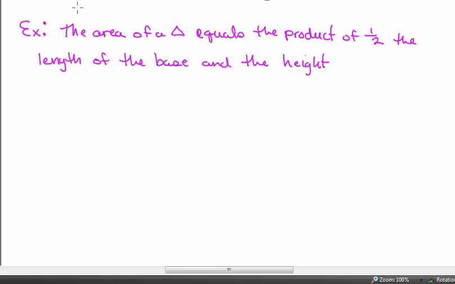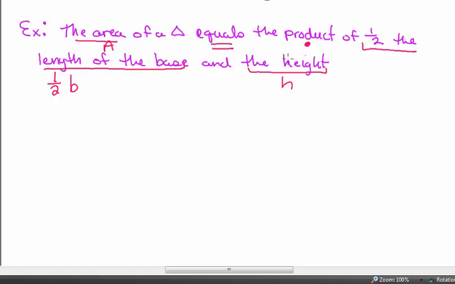All right, so we have area of a triangle equals, well, equals, that's pretty obvious. And area we'll call A. The product, that's multiplication. 1/2 the length of the base, so 1/2 B, and the height, H. And since we're a product, those two things are being multiplied together.